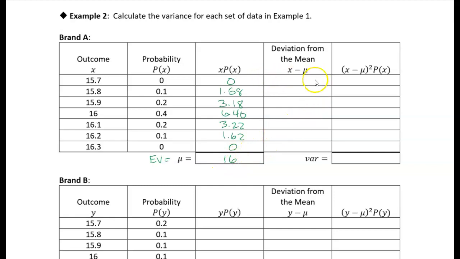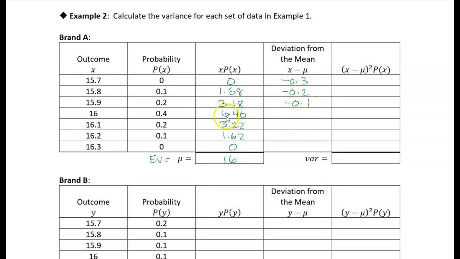Next thing I'm going to compute is the deviation from the mean. I'm going to take the random variable minus the mean. So it's always the random variable minus the mean. You can see this first one is going to be negative because when I take 15.7 and subtract 16, I get negative 0.3. 15.8 minus 16 gives me minus 0.2, minus 0.1.